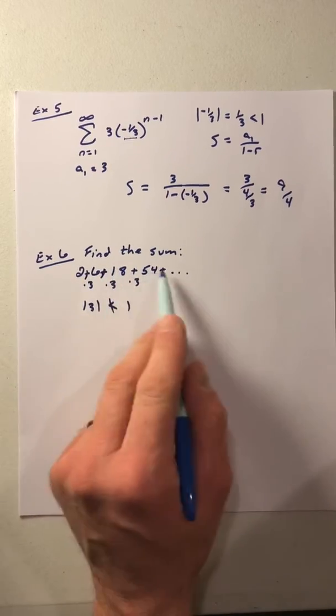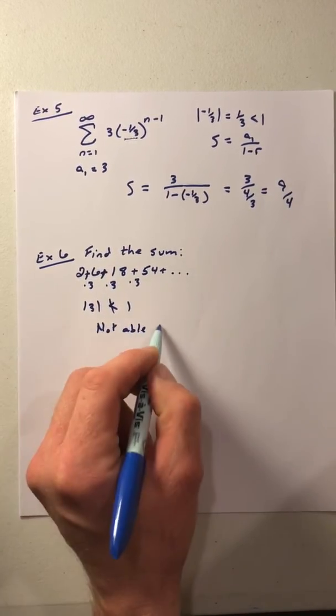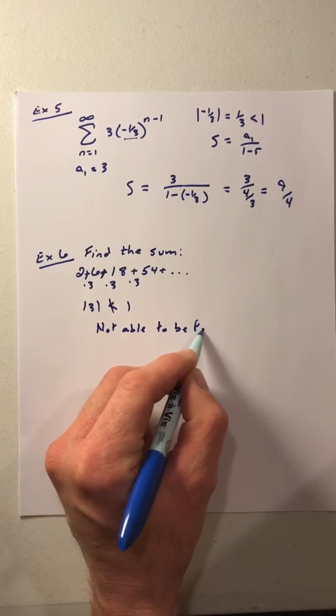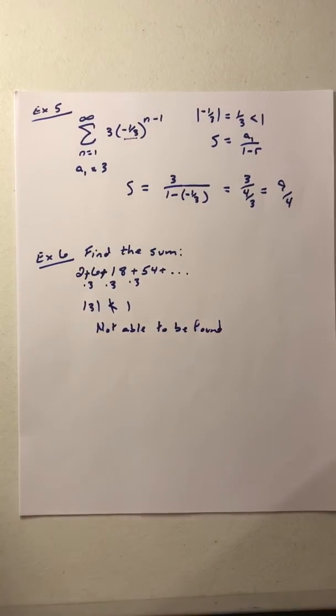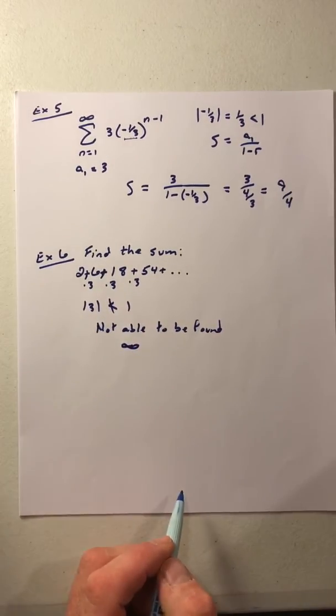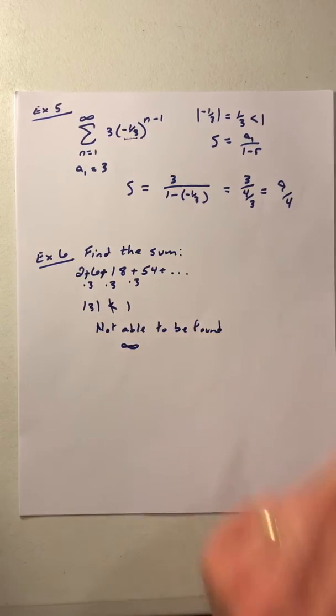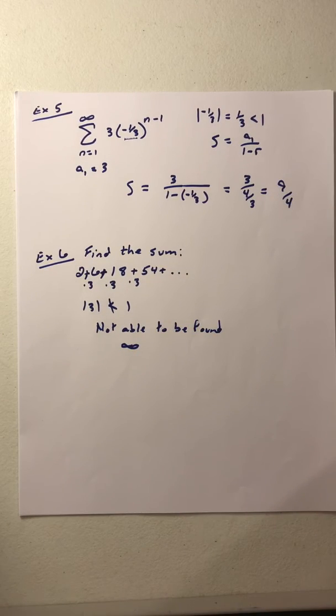So we know that this sum is not able to be found. We can also say that this sum is going to be infinity, because 2 plus 6 plus 18 plus 54, we're just adding larger and larger numbers together.